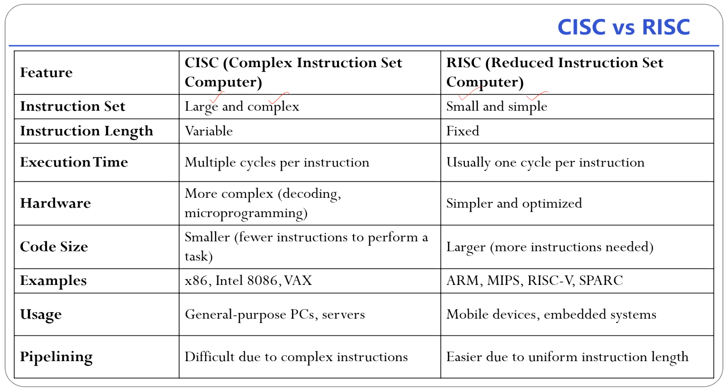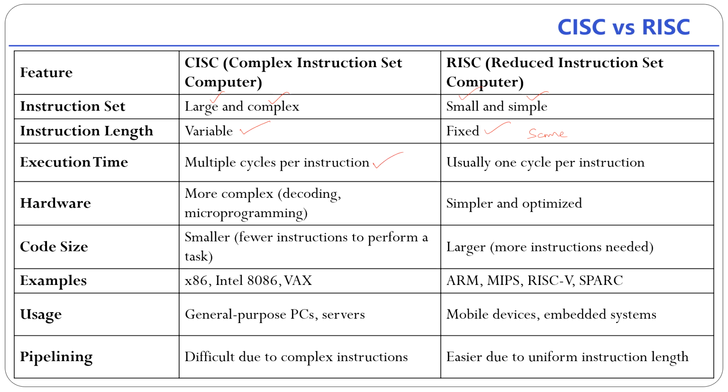And in case of instruction length, it is varied in case of CISC, but here it is fixed. So most of the instructions have the same size, fixed length instructions. And the execution time: multiple cycles per instruction.